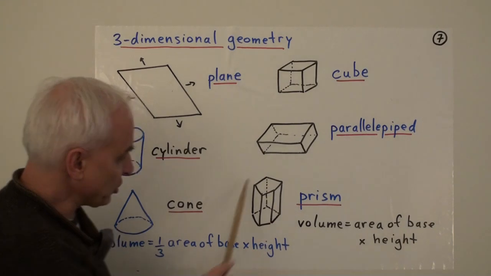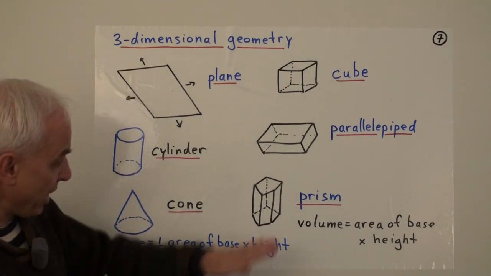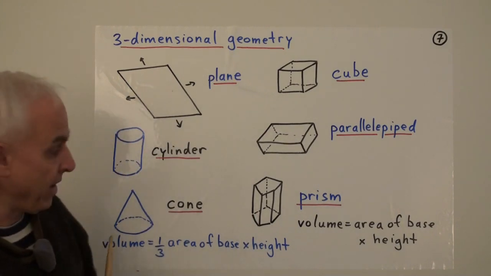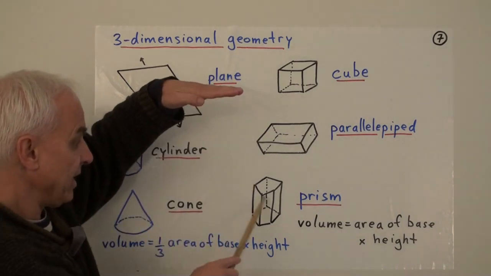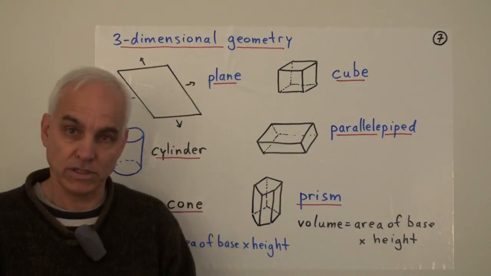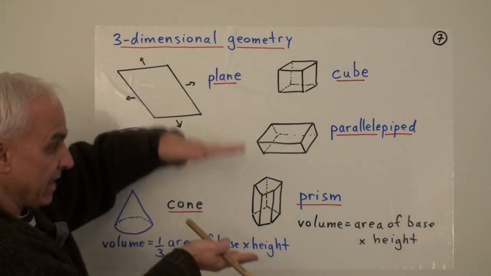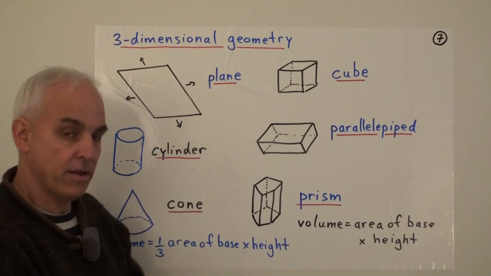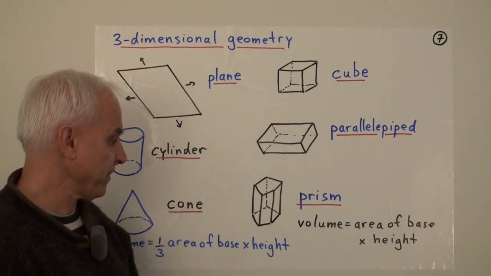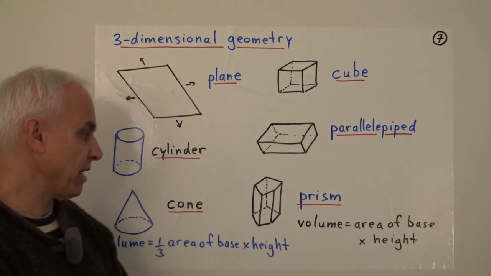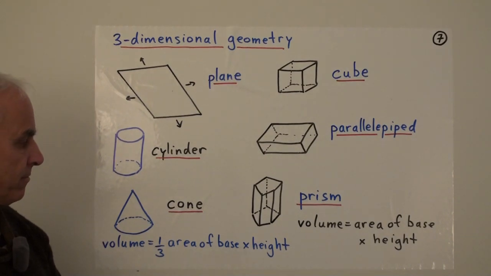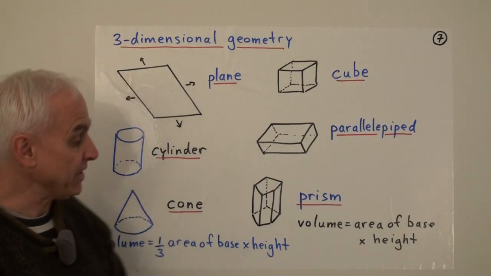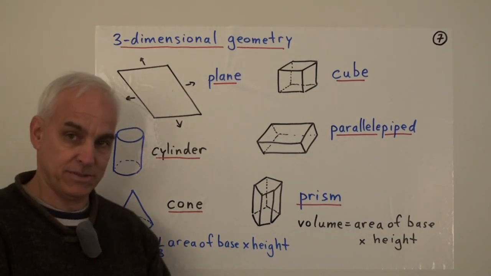Another kind of three-dimensional object is a prism, where we have a base, in this case some kind of pentagon, and above it is an equal congruent pentagon, exactly above it, and we have vertical lines that join corresponding points. That makes what's called a prism. And there are important formulas associated to these in terms of volumes.